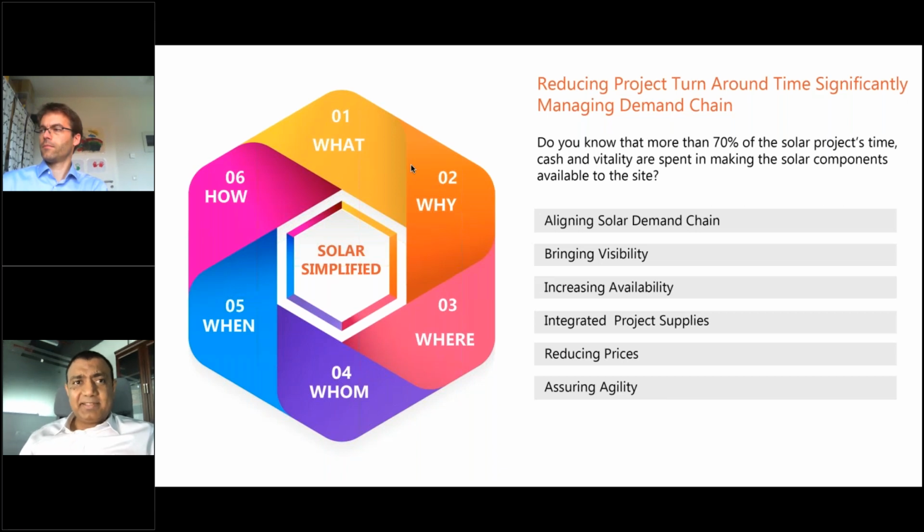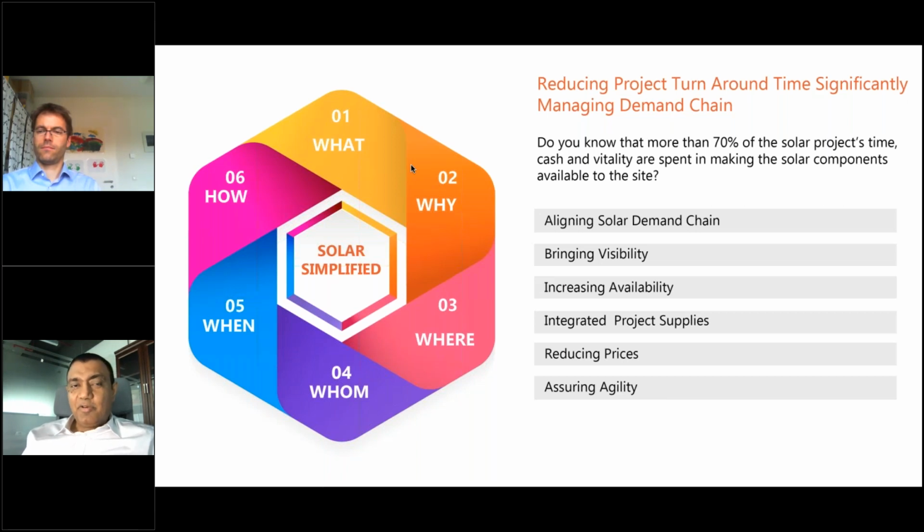Apart from these things, it is also going to bring a lot of alignment in the demand chain, especially on the PV module, where someone is quoting 390, someone is quoting 395, someone is quoting a 400 watt peak module, someone a 405 watt peak module.